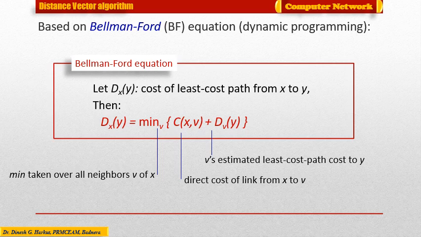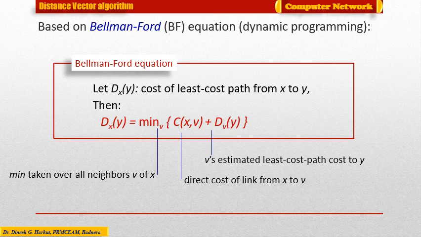The Bellman-Ford equation is rather intuitive. Indeed, after traveling from node x to node v, if we then take the least cost path from v to y, the path cost will be c(x,v) plus d(v,y).